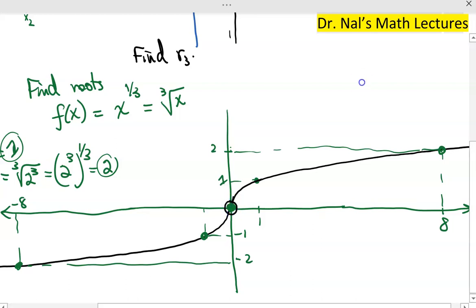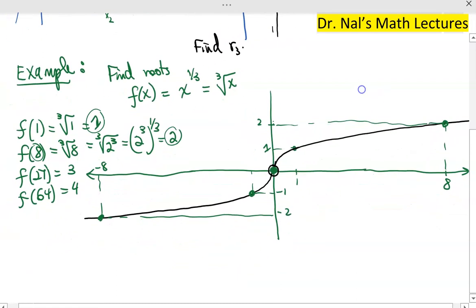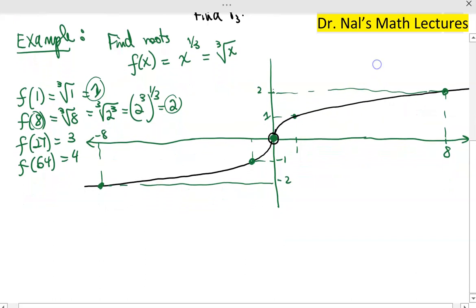Well, analytically, it's very easy to find the roots of this function, but now let's see if Newton method can actually find that root. So all we need is to implement the standard recursion, x sub n plus 1 equals x sub n minus f of x sub n divided by f prime of x sub n. All we need is to calculate the derivative of this function.